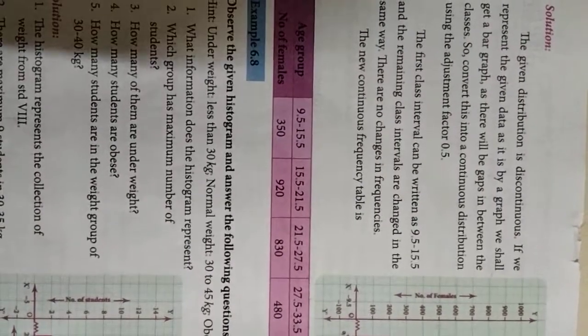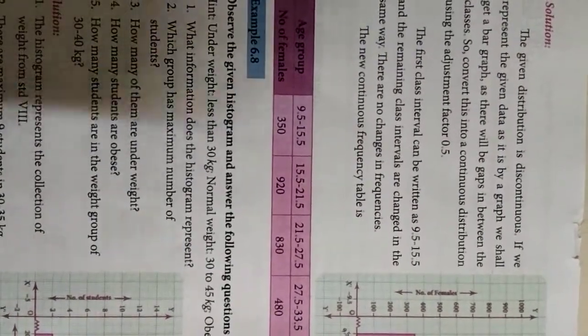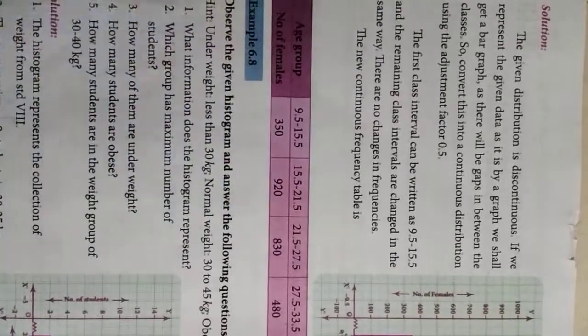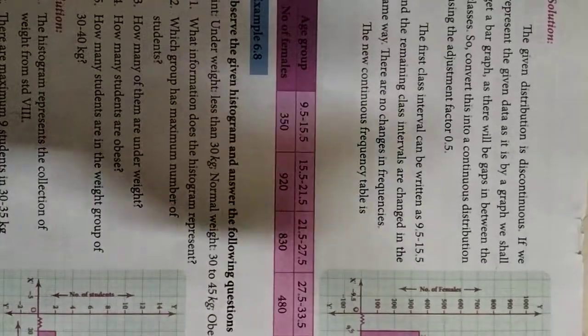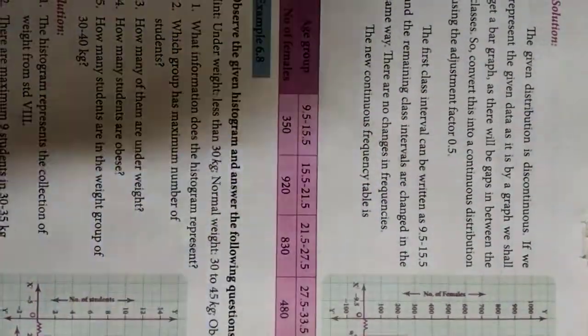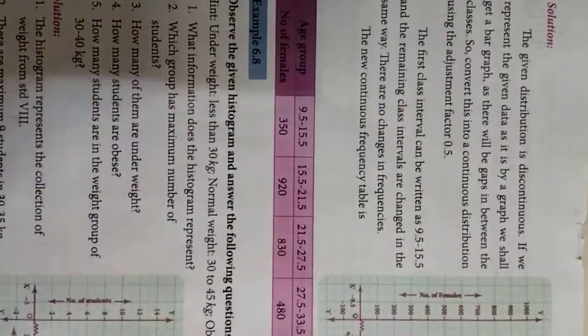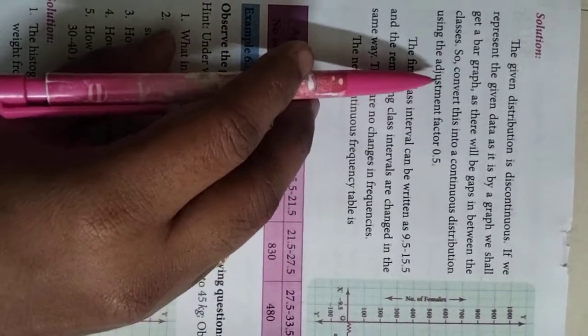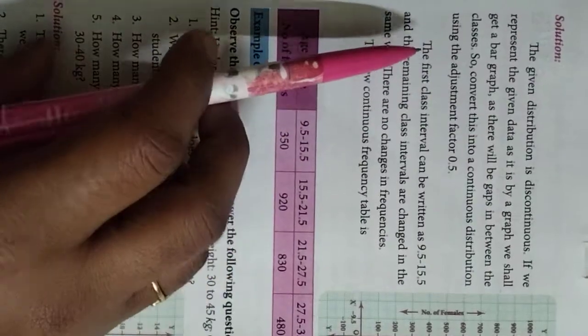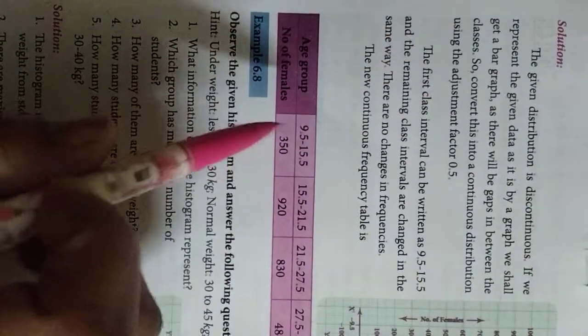A histogram is nothing but we have to take it in a continuous frequency distribution. If it is available in a discontinuous distribution, we have to change it into a continuous distribution by finding the adjustment factor. Understand? So now we have to take out the class interval first.